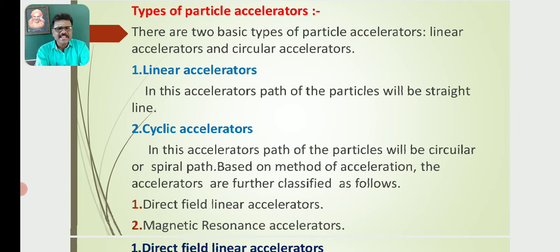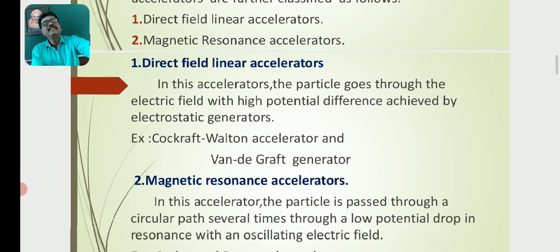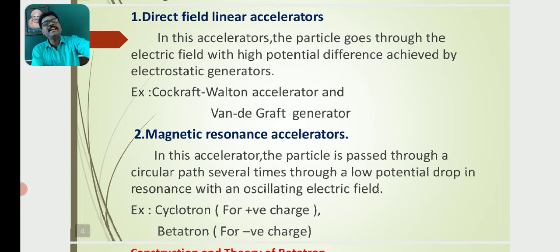Further, accelerators can be classified into two types: direct field linear accelerators and magnetic resonance accelerators. Then what are direct field accelerators?